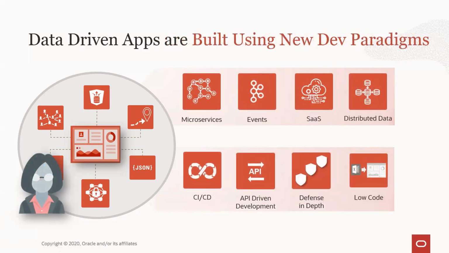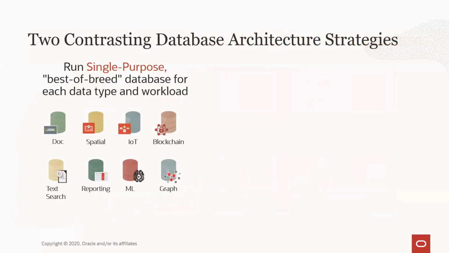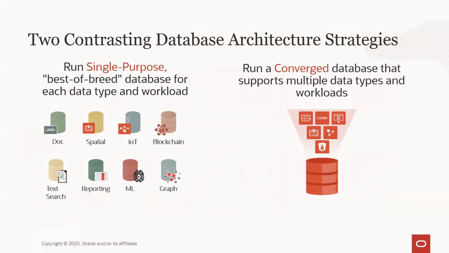Data-driven applications are often built using data-driven development methodologies, including things like microservices, events, API-driven development, and also low-code development, as well as needing to be delivered using continuous delivery. So the requirement of modern applications has led us to two very different approaches.